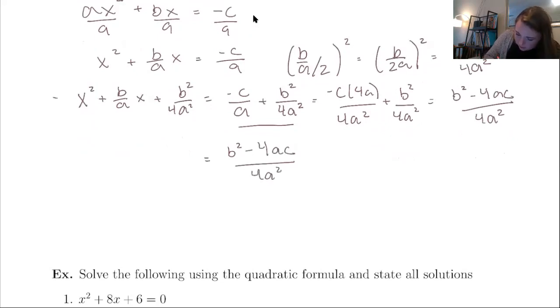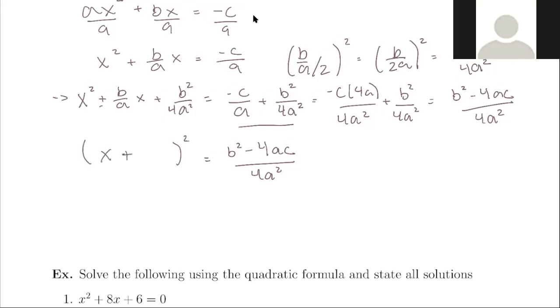And then what does this left-hand side factor to? The whole point of completing the square is that we know it's going to look like x plus something. What goes here?